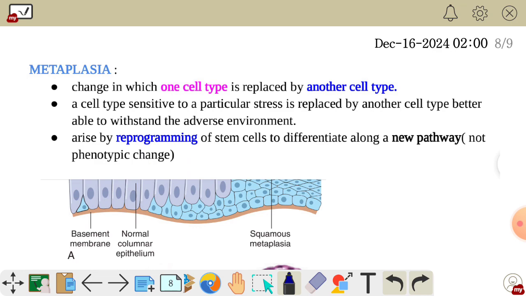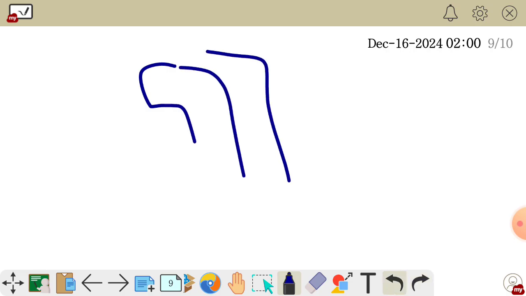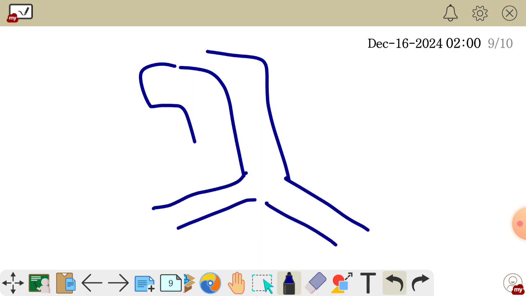So let's say in the lining of the bronchus and the respiratory airway, we have cells which are columnar in shape.